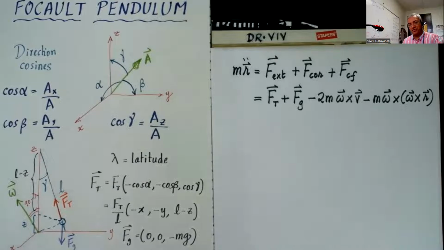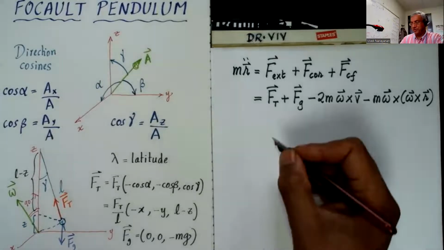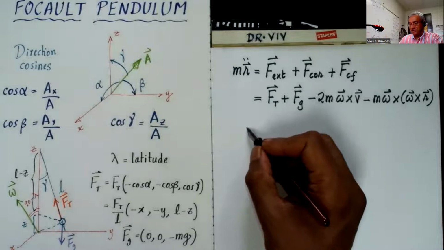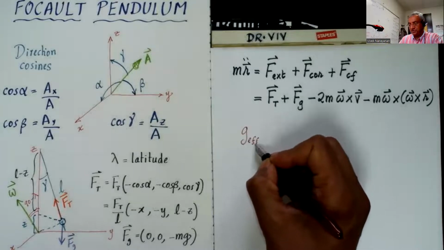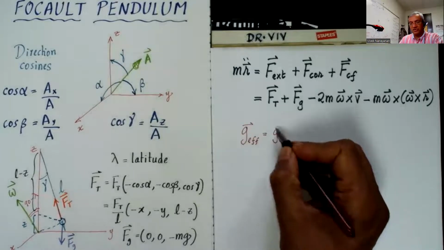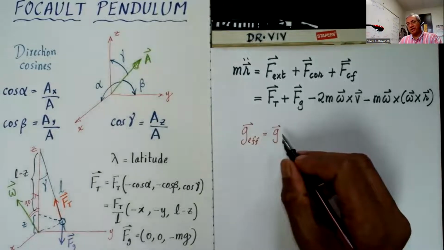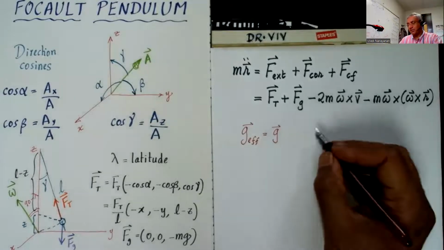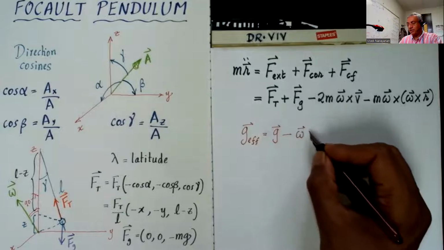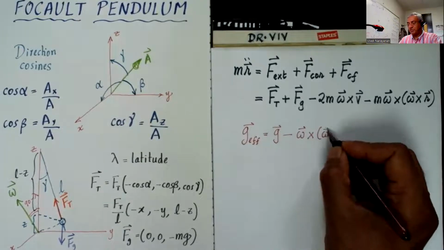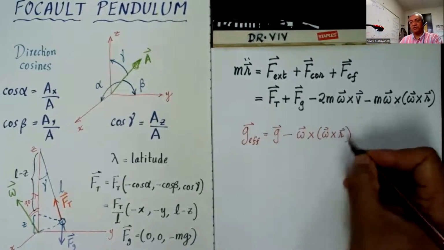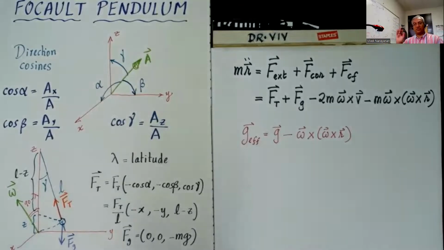But there's another way to do this, and that is to introduce the concept of the effective gravitational acceleration. So the effective gravitational acceleration can be defined as the acceleration due to gravity where it's pointing straight down minus the deflection of the plumb line from the vertical due to the fact that the centrifugal force is throwing out the plumb line a little bit.